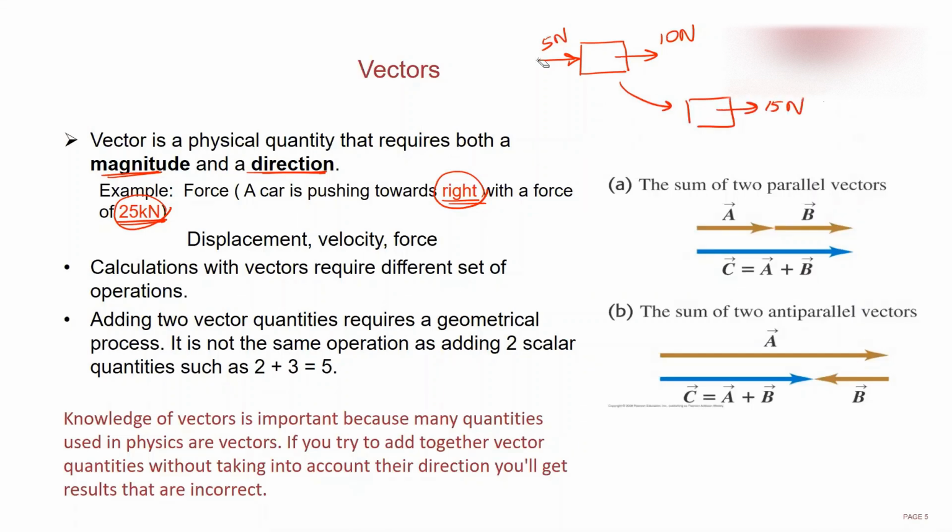But if I change the direction of this 5 newtons to the opposite side, now I can't say 5 plus 10 equals 15 because the direction matters. Now the resultant force will be 5 newtons to the right. So we should know the methods to add vectors together.